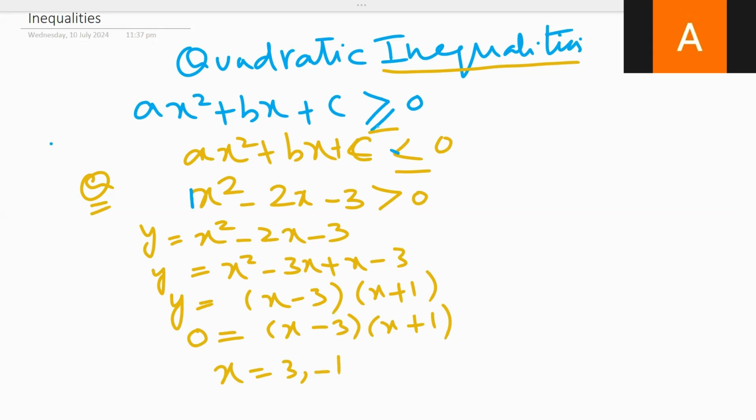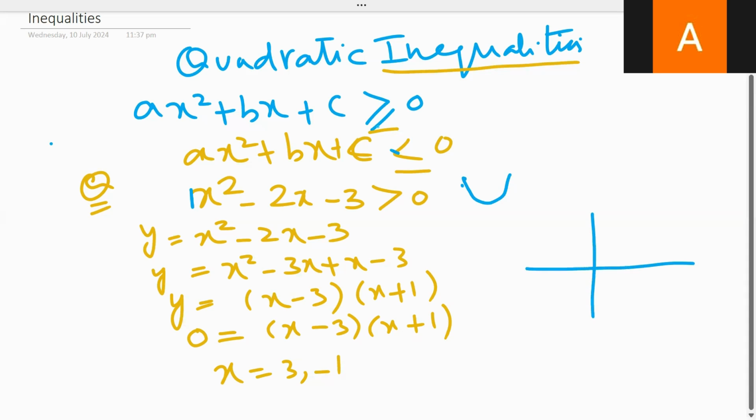And you see that the coefficient of x² is positive, so you know the shape will be like this. You will first draw the curve, and these are the values of x-intercept. It means the curve crosses the x-axis at points 3 and -1. So we will draw a curve like this.